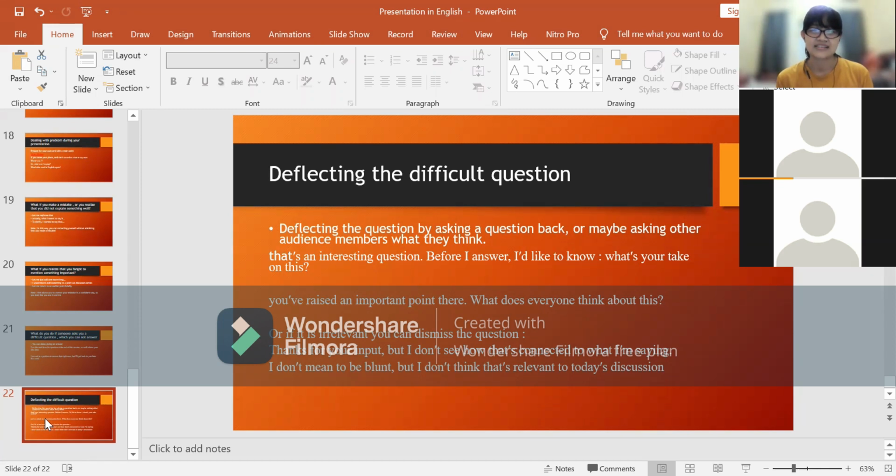Or if it is irrelevant to your topic, it's okay to dismiss the question. Here are two examples of phrases. "Thanks for your input, but I don't see how that's connected to what I am saying."